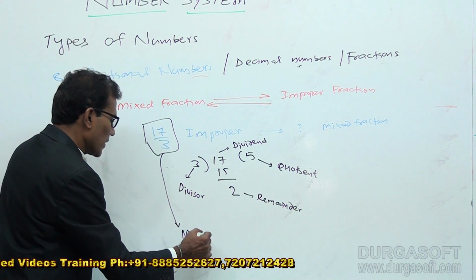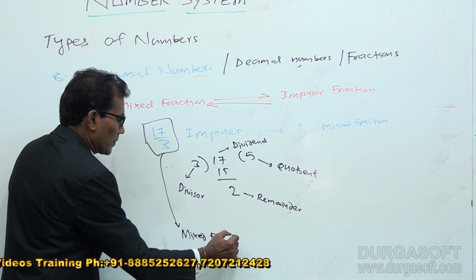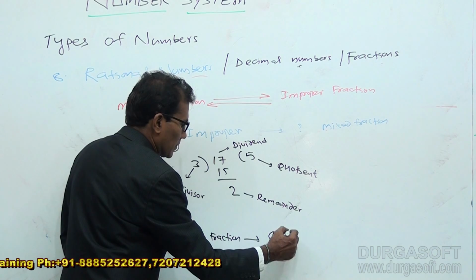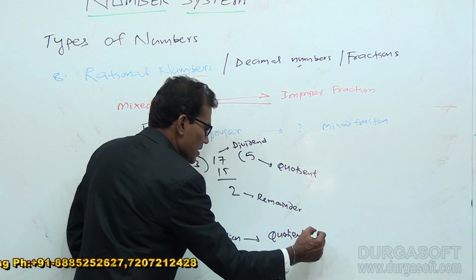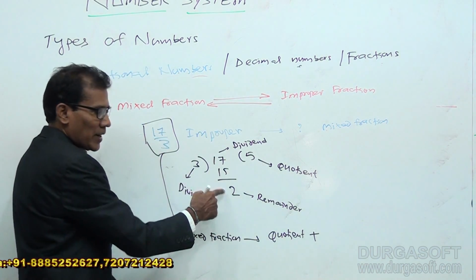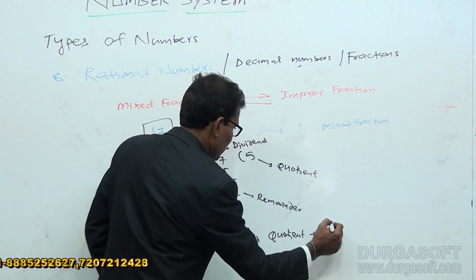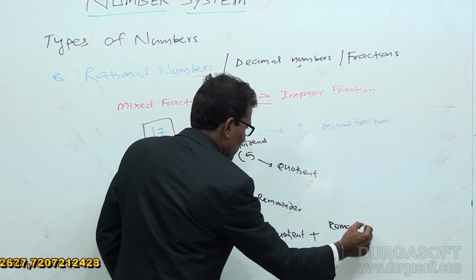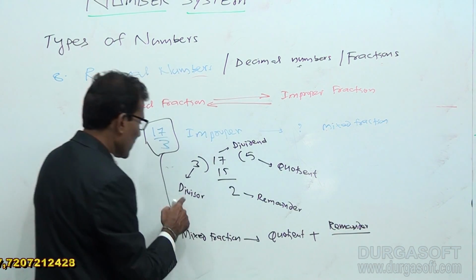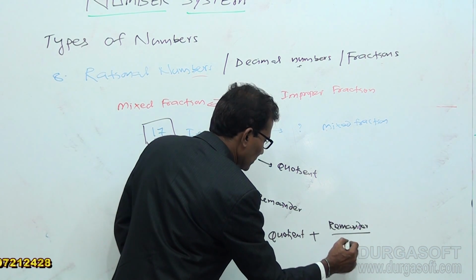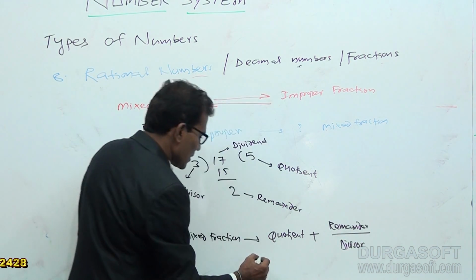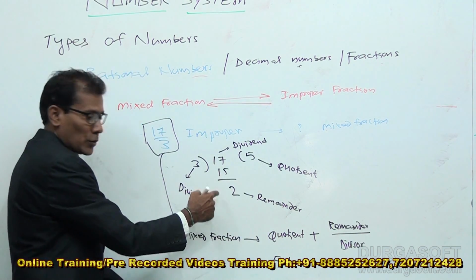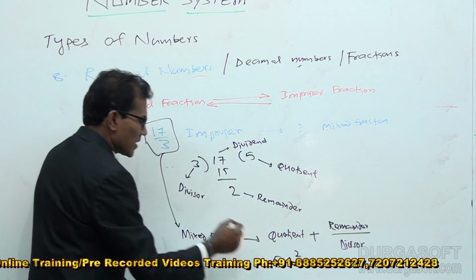Its equivalent mixed fraction is going to be: write down the quotient plus the remainder divided by the divisor. So the quotient is 5 plus the remainder 2 divided by the divisor 3.